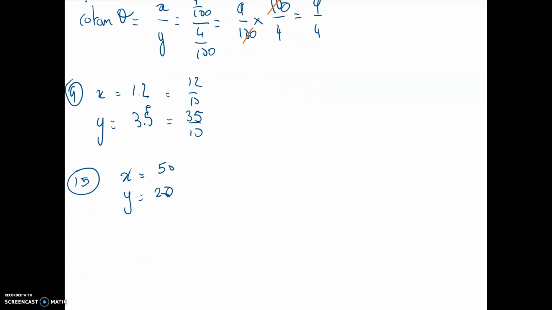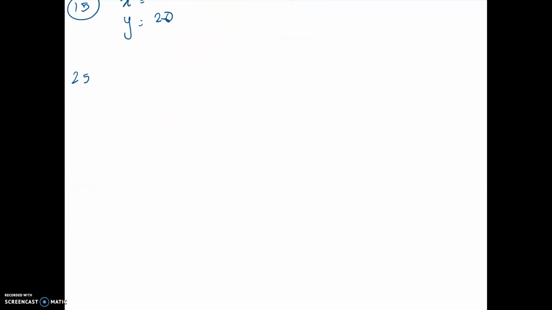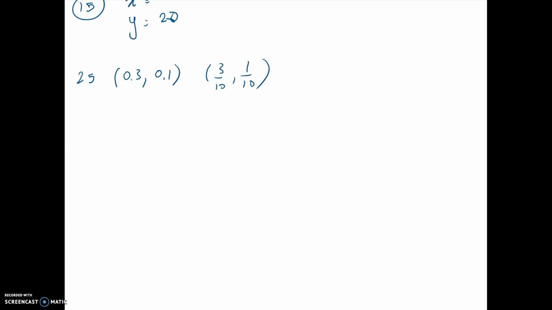So what do we have in this problem number 29? Each given point is on the terminal side. Okay guys, so now on this problem number 29, we have the first point 0.3 and 0.1, which I would transform into the point 3 divided by 10 and 1 divided by 10.